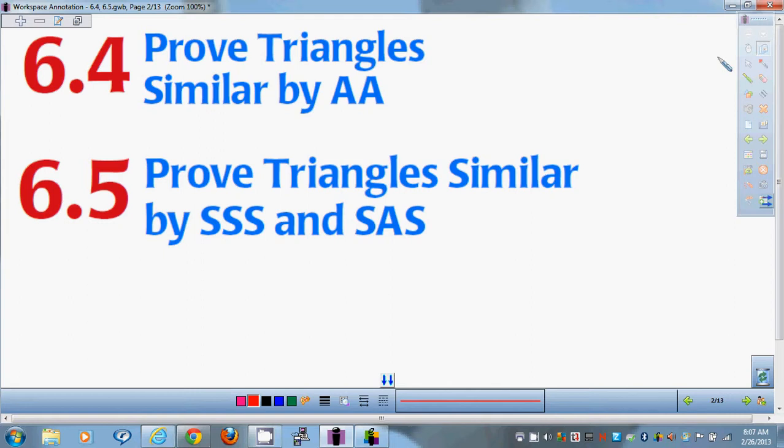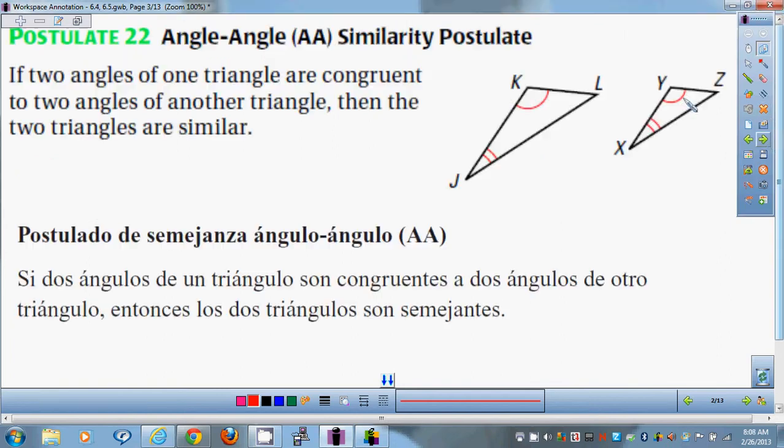Now, just like when we were showing they're congruent, you could do it using side, side, side, side, angle, side, angle, side, angle, angle, angle, side, and hypotenuse leg. Well, there's only 3 for similar, so that's even easier. And there they are. The first one, angle, angle, similarity.